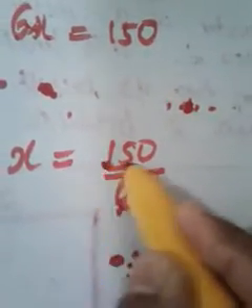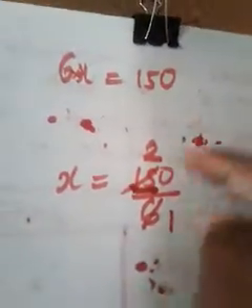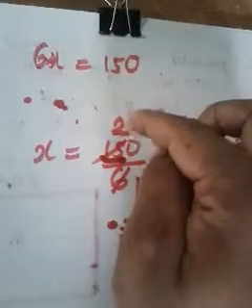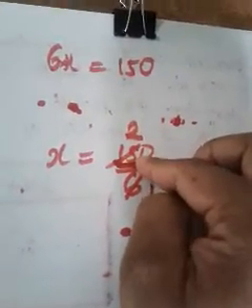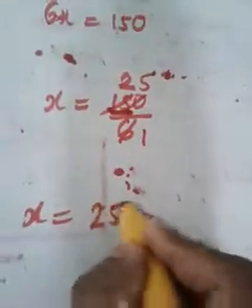No. So you have to consider 15. In 15, how many 6? 2 sixes are 12. What is the remainder? We got 12 now, we have to get 15. So 13, 14, 15. 3 is the remainder. When you bring down that 0, it becomes 30. In 30, how many 6? 5. So x will be 25.